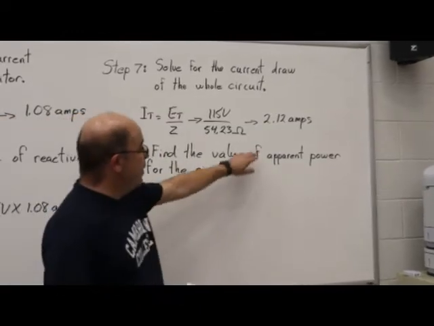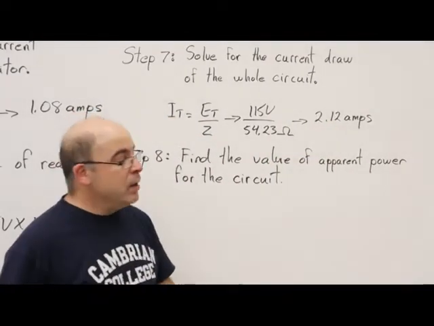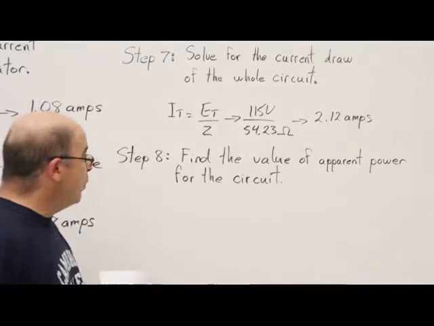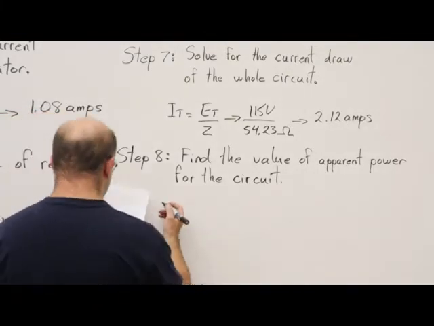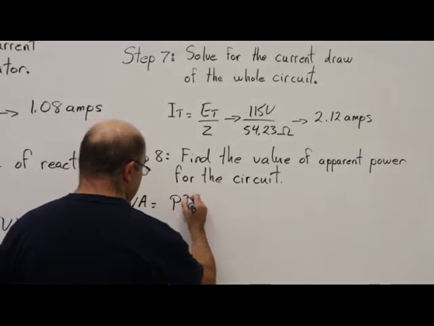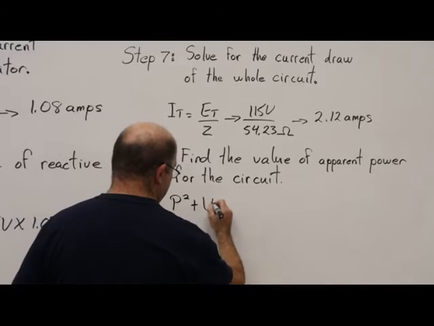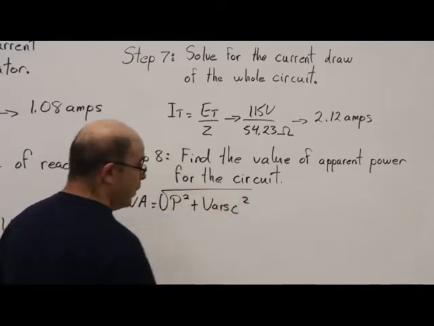You could use Ohm's law, or we could use the trig formula. I'm used to doing the trig formula. I find it maintains a higher level of accuracy. So VA is equal to the square root of P squared plus var C squared.